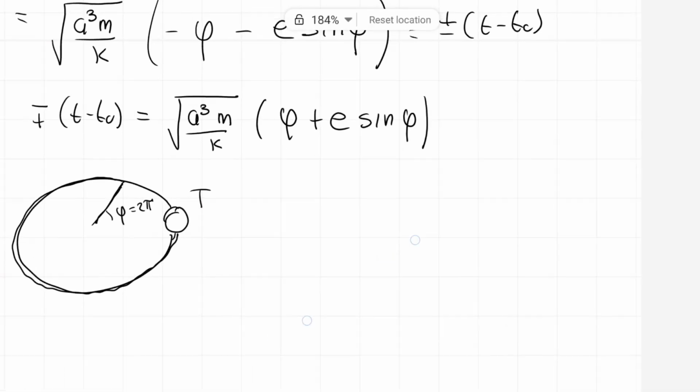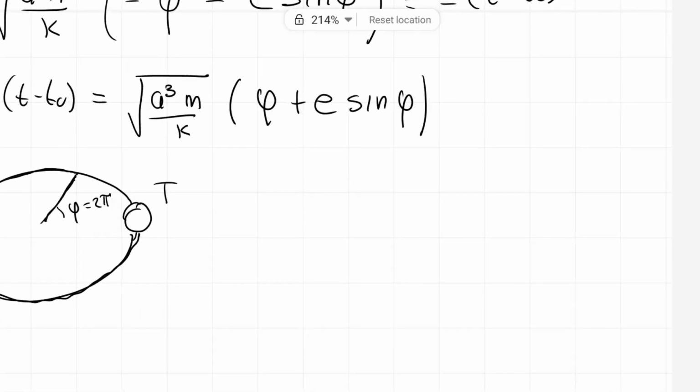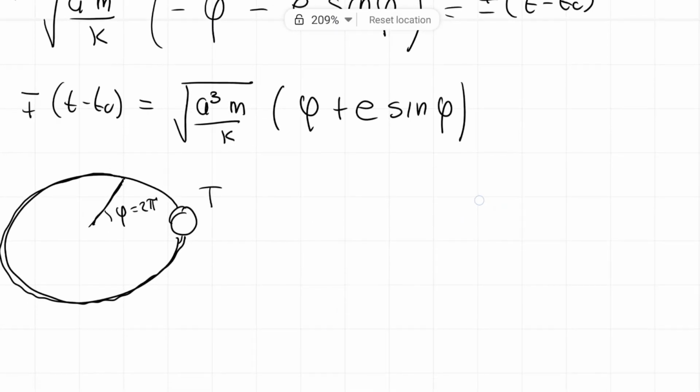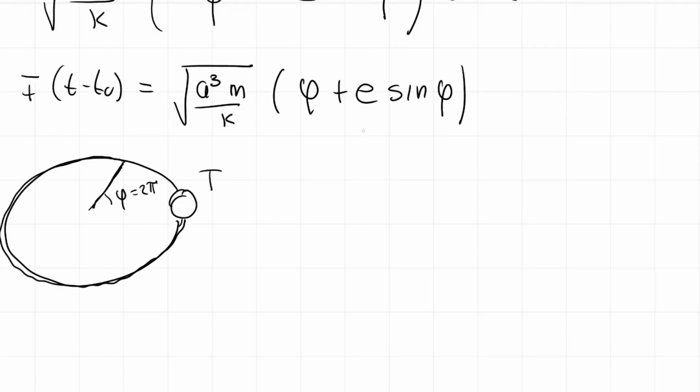It's like some kind of initial conditions of the motion, to establish some useful result, given that we are not able to solve this equation for phi.